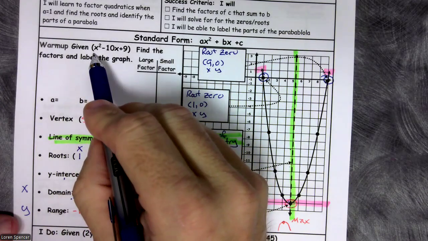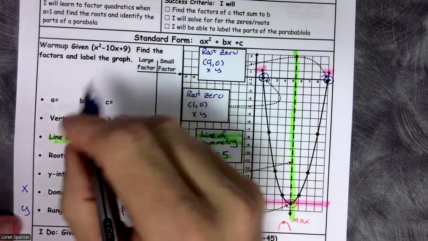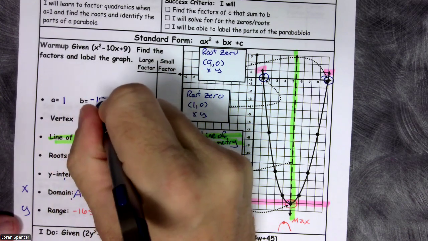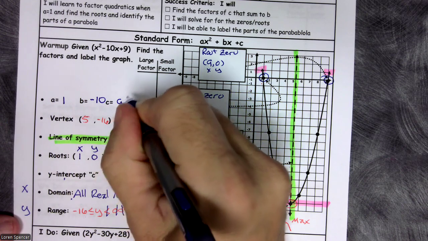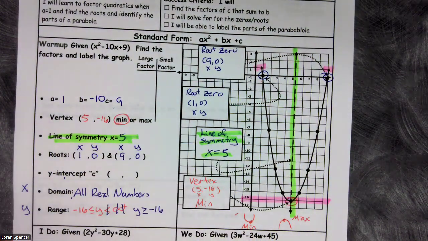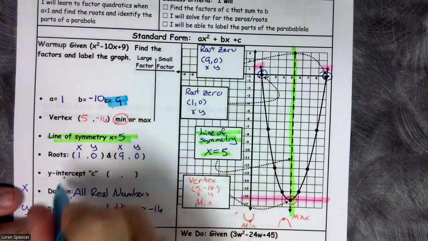Okay, we're asked to factor this. Well, a in this case is 1, b is negative 10, and c is 9. So let's go back to that c. I told you we were going to come back to it in a moment, and we're coming back to it now. We said we're going to do the y-intercept.